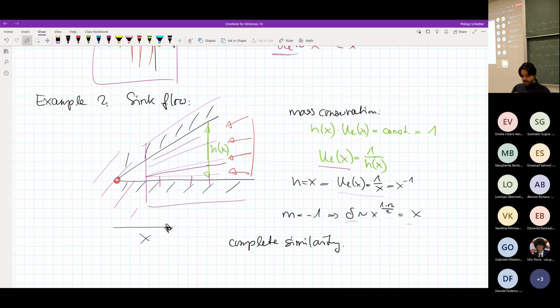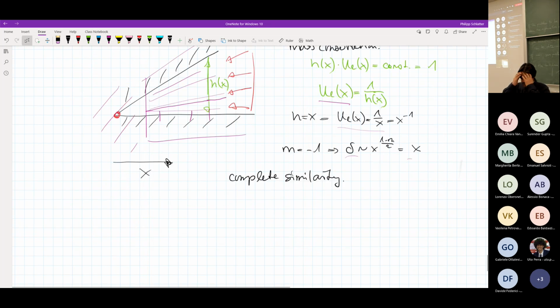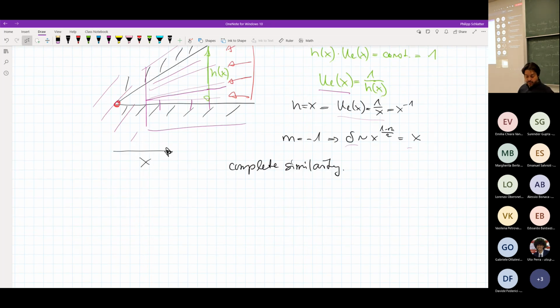Okay. So this was my last example for the sink flow, or for the Falkner-Skan boundary layers. There's just one little part that I would like to add for the Falkner-Skan boundary layers, because so far we have only looked at the boundary layer thickness.